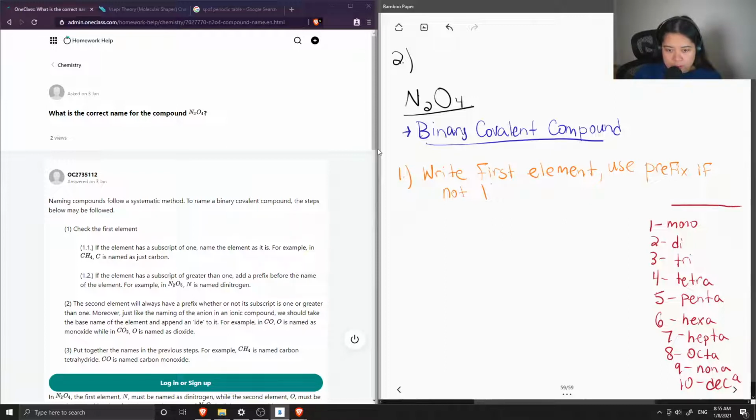So these are all the different prefixes. I'll just put it in a box so that we can take note of it.